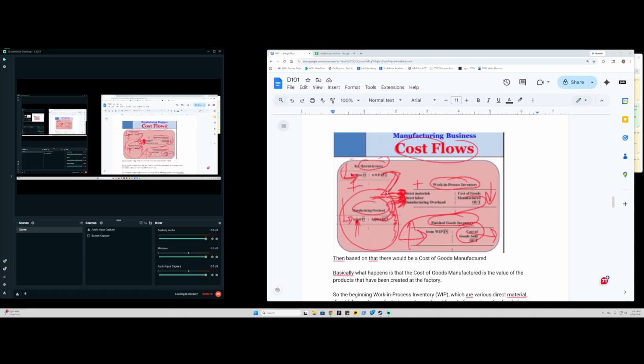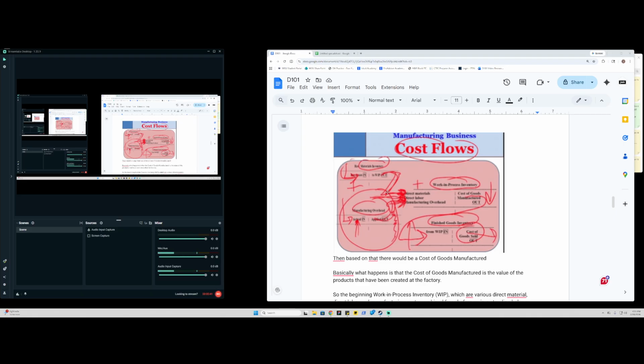So basically, what happens is that after those products have been produced, you have the cost of goods manufactured, and then the ending work in process inventory amount.